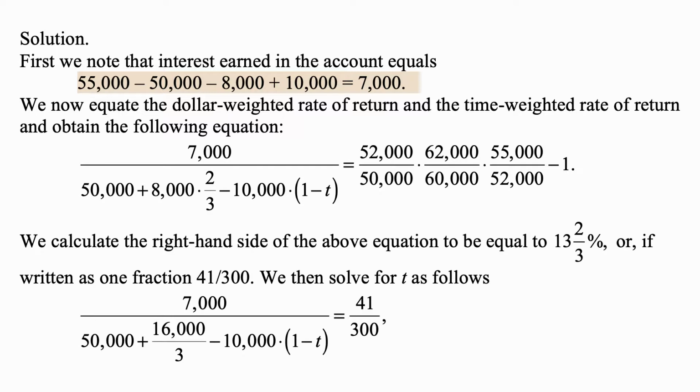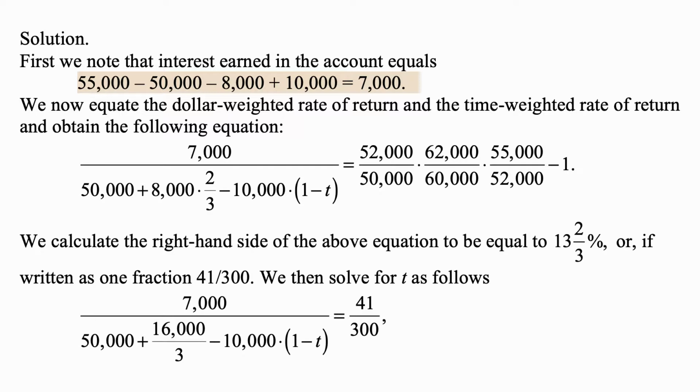So basically the depositor gets $55,000 at the end and $10,000 withdrawal out of the account and puts in $50,000 and $8,000. The net difference is $7,000. That's the amount of interest earned in the account. And we now equate the dollar-weighted rate of return and the time-weighted rate of return and obtain the following equation.